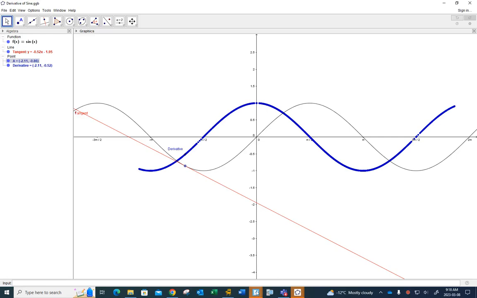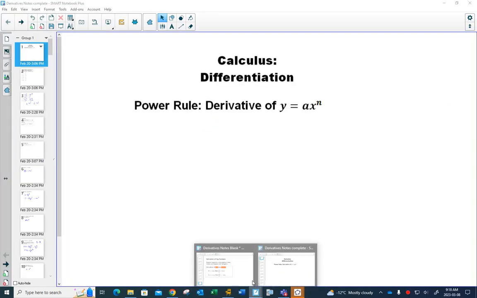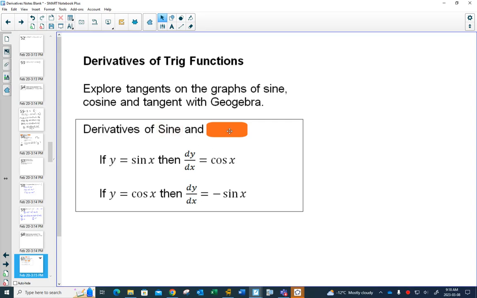So again, crazy things happen in calculus. You want to find all the derivatives of sine, and they come up to be cosine.